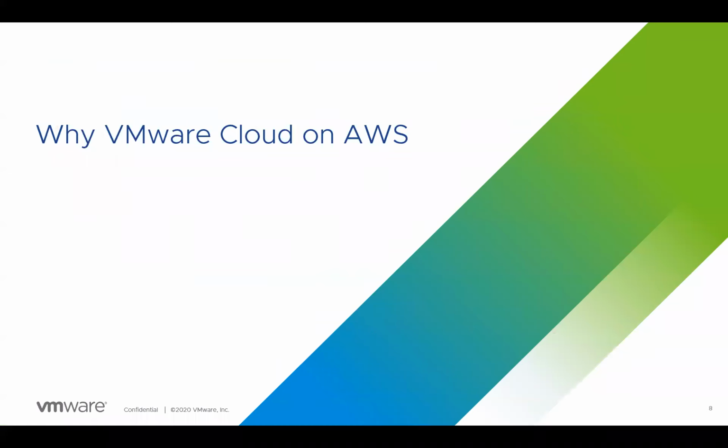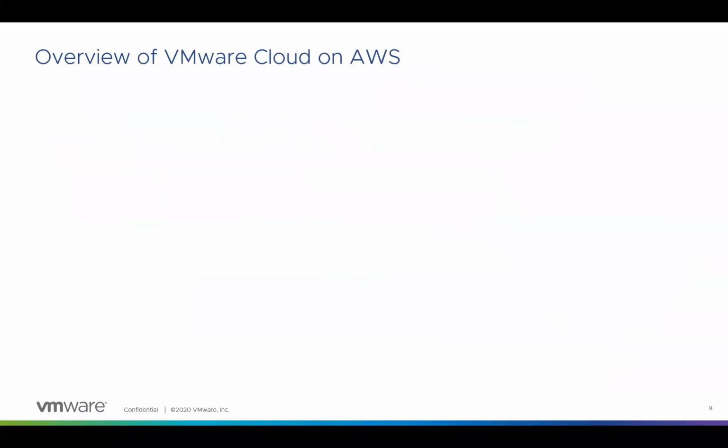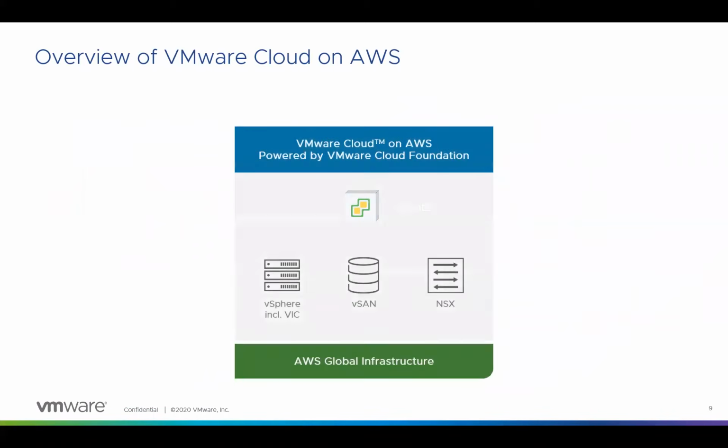So let's take a look at why we chose VMware Cloud on AWS. But before we do, let's do a quick overview of what VMware Cloud on AWS is. VMware Cloud on AWS is a unified SDDC platform, which is backed by AWS.